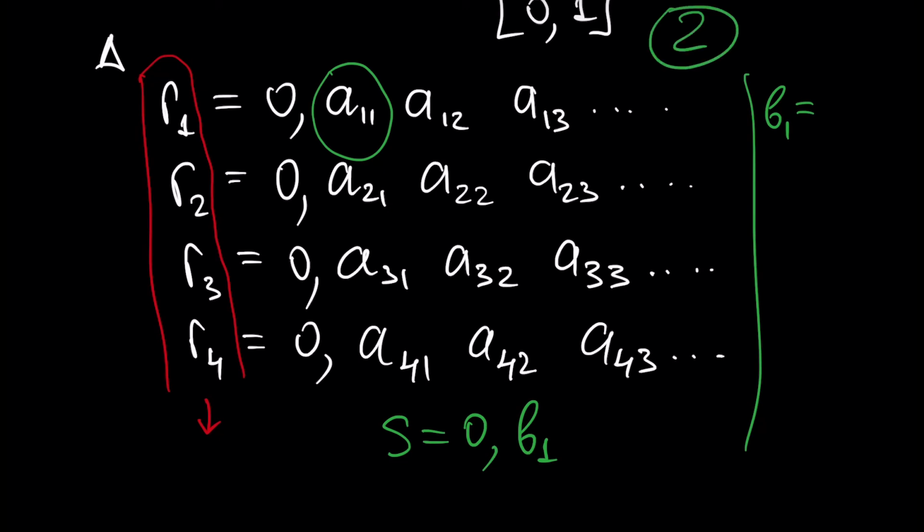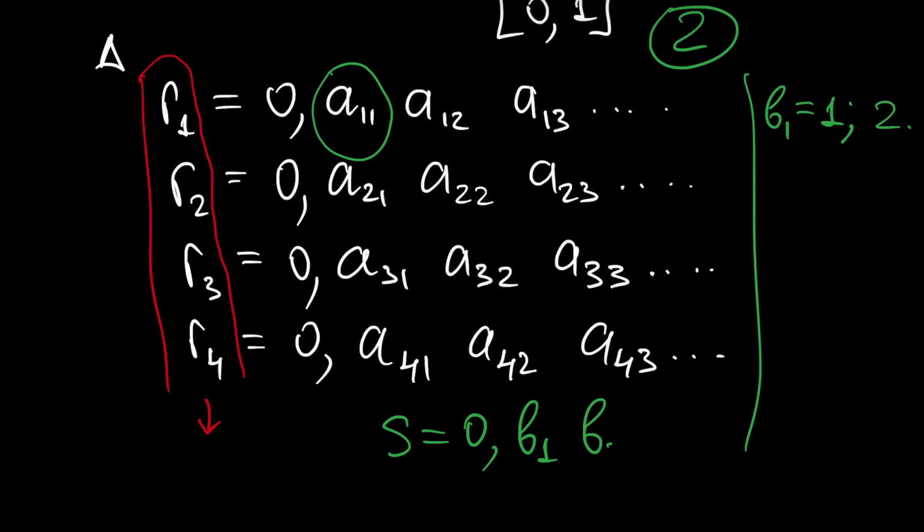If A11 is equal to 2, we have to take B1 not equal to 2. Let's take B1 equal to 1. So if this number is 2, let's take B1 equal to 1. Next, if this number A11 is not equal to 2, in this case, B1 will be 2, okay? So in any case, B1 is not equal to A11.